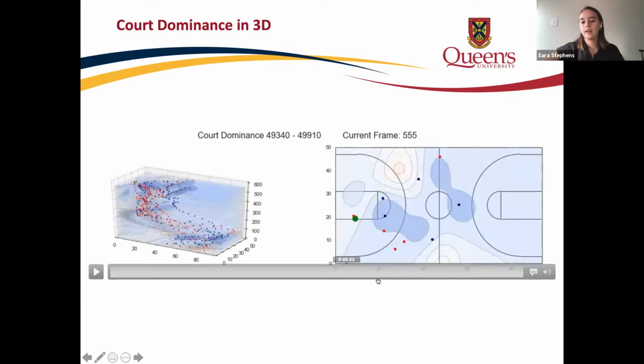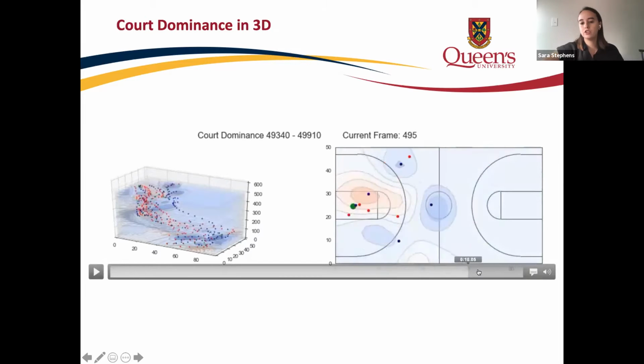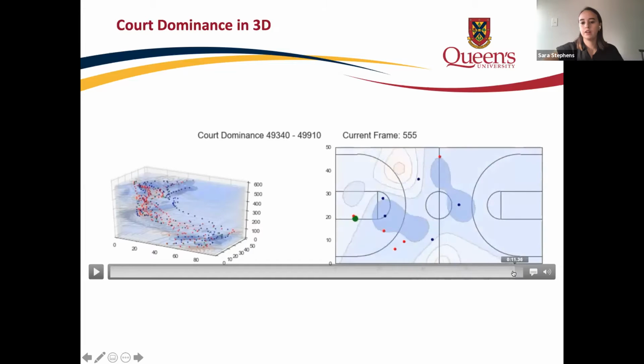So that's just looking at the areas of dominance. It's particularly interesting to note, as the shot is being made in this region here, how much dominance the Raptors actually have near the basket, resulting in, as you see right here, the rebound on behalf of the Raptors.